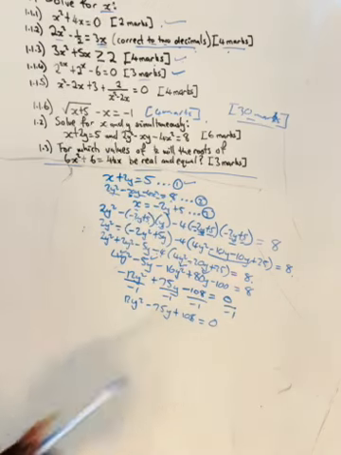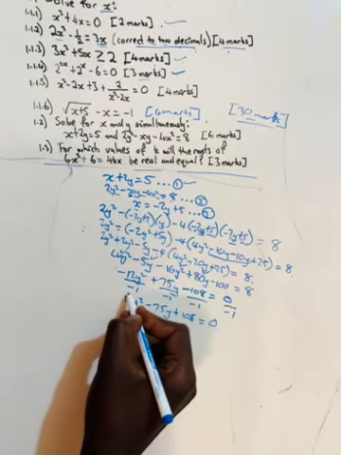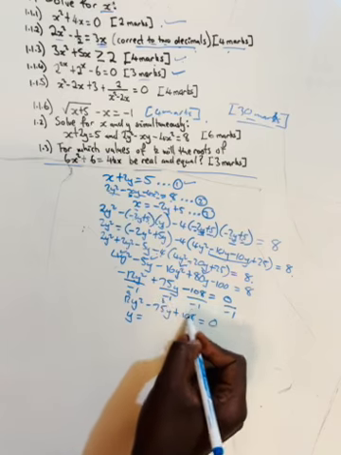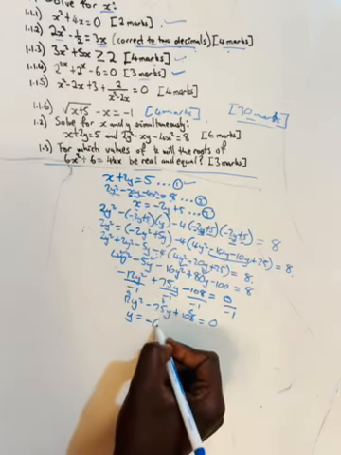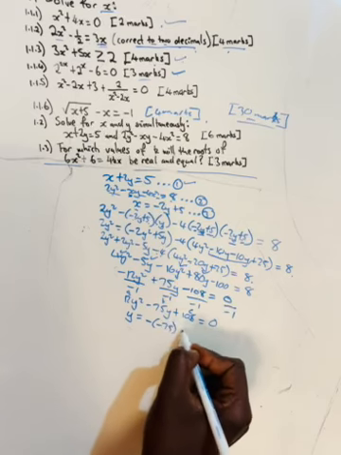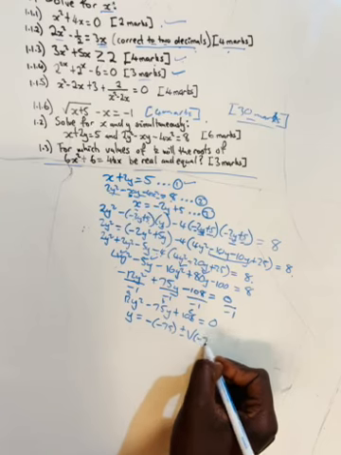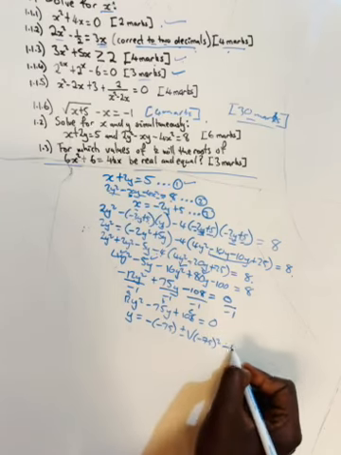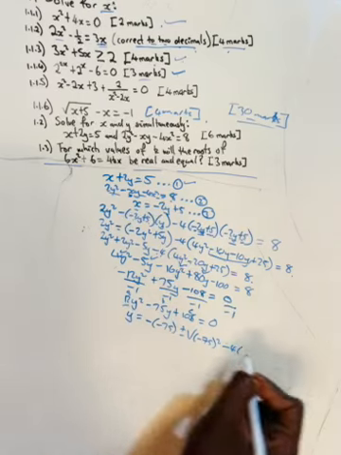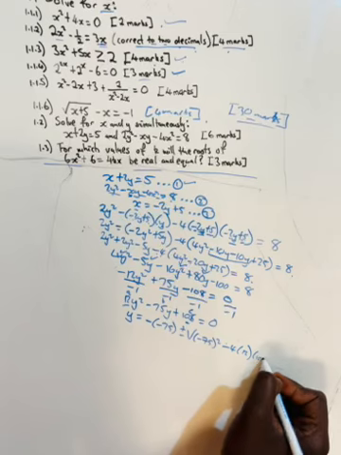Now I'm going to use the quadratic formula to solve for y. So I say y is equal to my b. Remember, this is a, this is b, and that is c. So my b is negative: negative, open bracket, negative 75, close bracket, plus or minus the square root of b squared, which is open bracket, negative 75, close bracket, squared, minus 4 multiplied by a, which is 12, multiplied by c, which is positive 108.